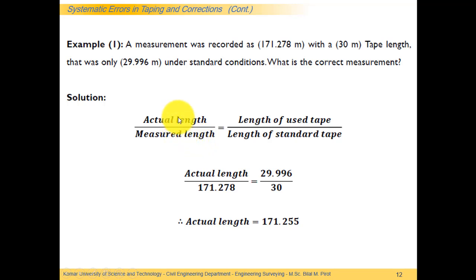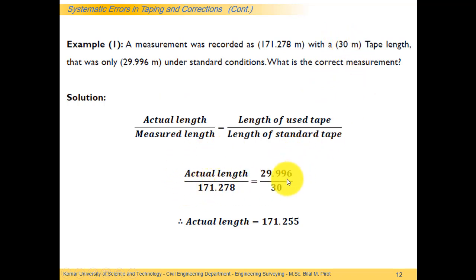By using the formula, the actual length is not known, we have to find it, divided by the measured length, which is given, equals the length of the used tape, 29.996, divided by the length of the standard tape, which in our case is 30 meters.